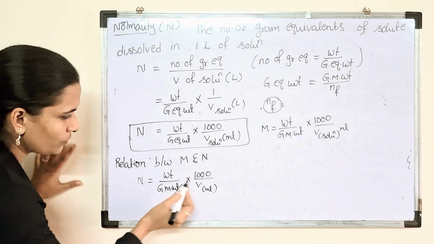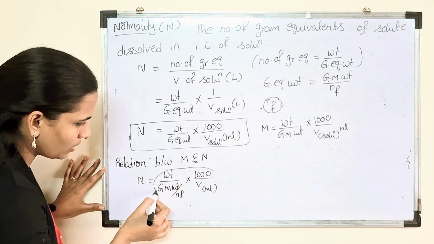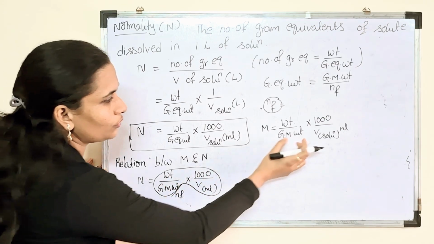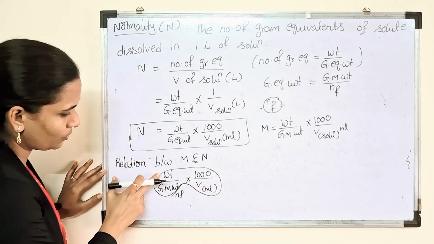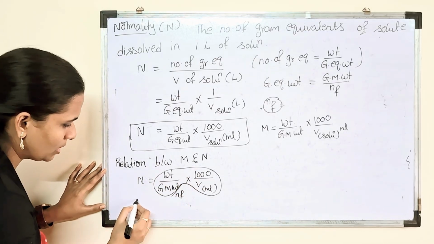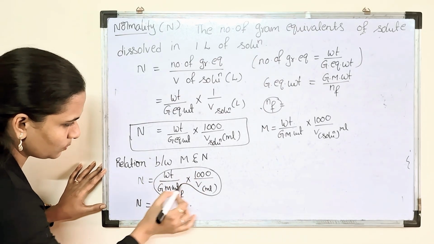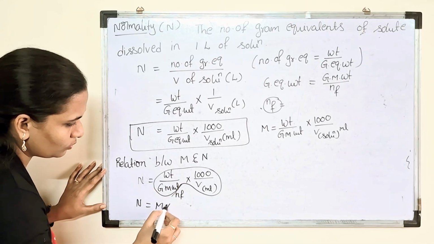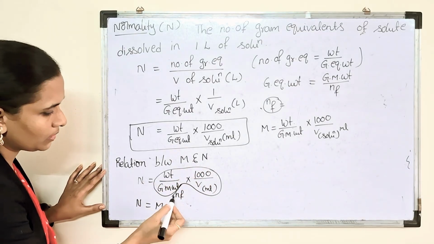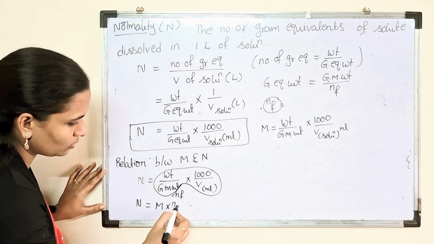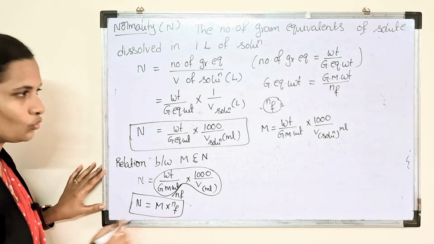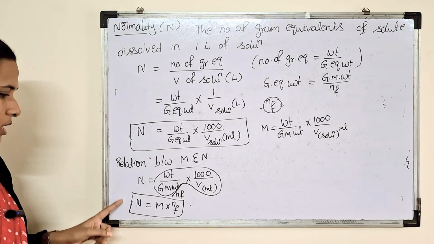Now if you observe, weight by gram molecular weight into 1000 by volume of solution is the molarity. So normality equals molarity into gram molecular weight by n factor reversed; taking the reciprocal, the n factor goes up. So the relation is: normality equals molarity into n factor. This is the relationship between molarity and normality.